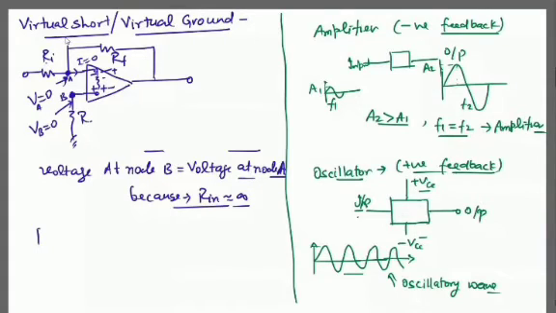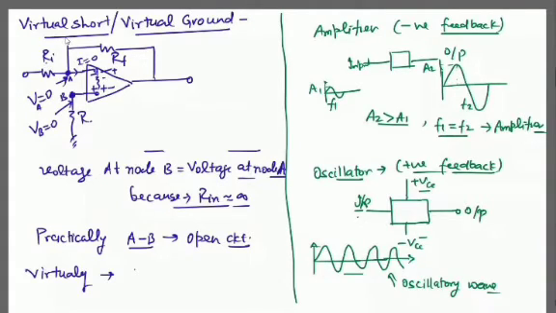Practically, A to B is open circuit, but virtually, not ideally, virtually, A seems shorted. Virtually, it seems like that.